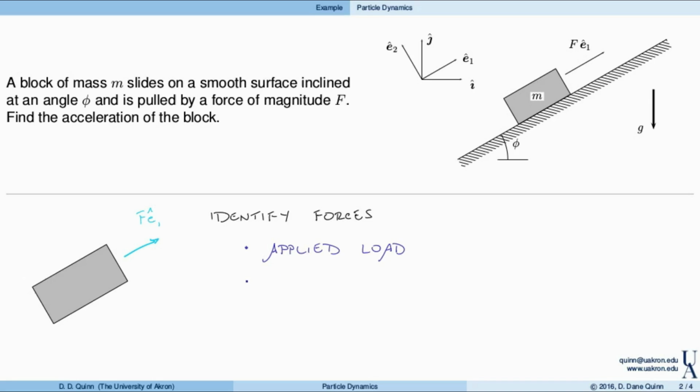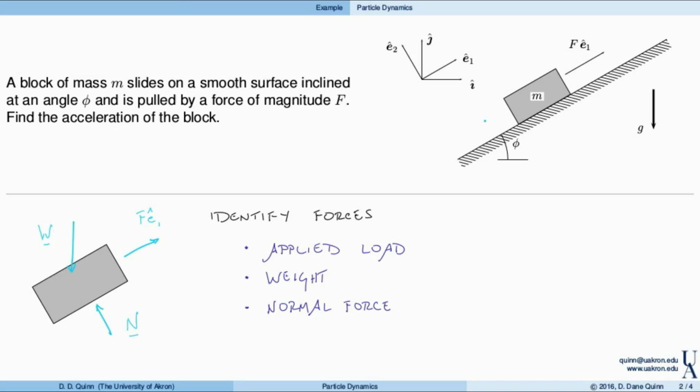Then we have the weight, or the force due to gravity, and that I will represent by W. And finally, we have the normal load between the surface and the block. So that I will represent as N.